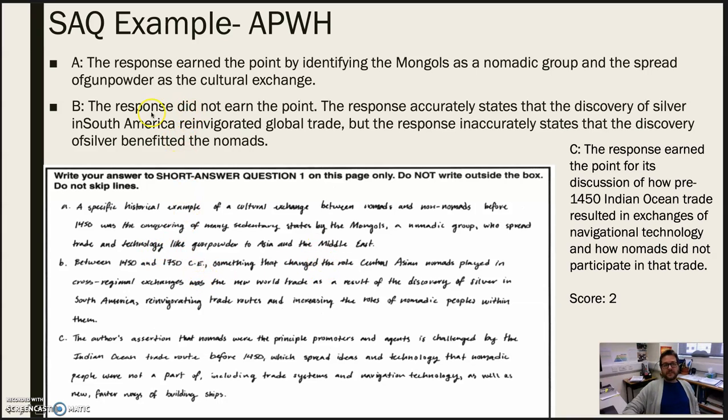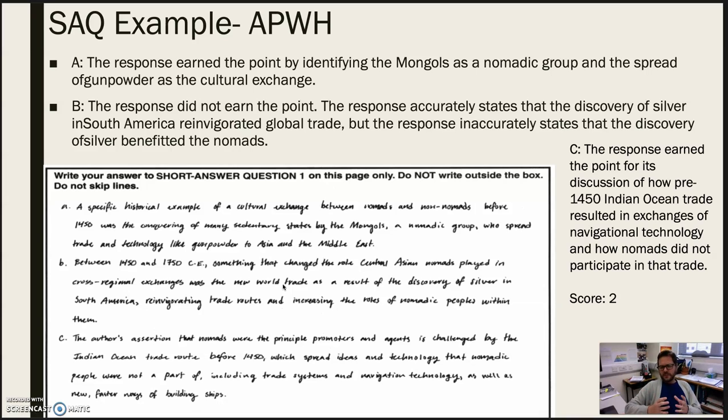All right, so B, this one the response did not earn the point. The response accurately states that the discovery of silver in South America reinvigorated global trade, but the response inaccurately states that the discovery of silver benefited the nomads. Right, how did this discovery actually benefit the pastoral nomadic culture? Not really. Now, it did benefit the age of exploration, but that would be the Spanish cultures, right?